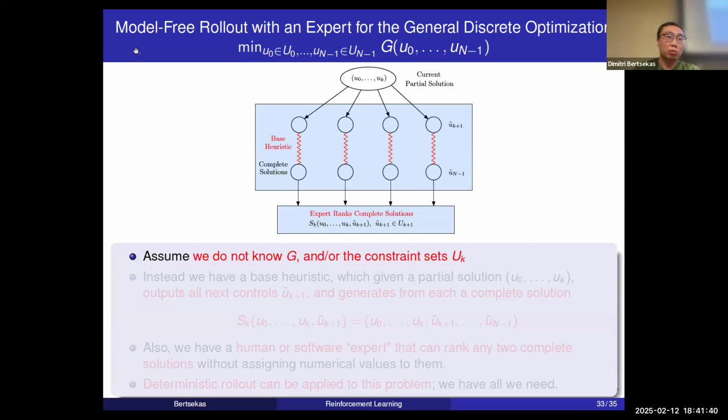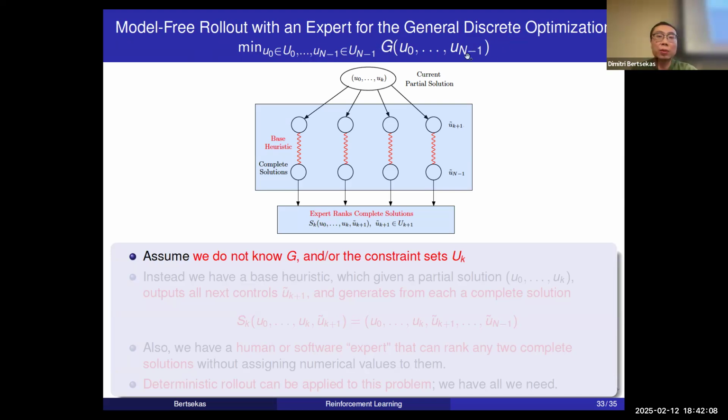And that brings us to this model-free variant of rollout, which we call model-free rollout with an expert. And we will talk about its application to the general discrete optimization problem in this form. We want to minimize over some components u0, u1 to un minus 1 of a certain function g.